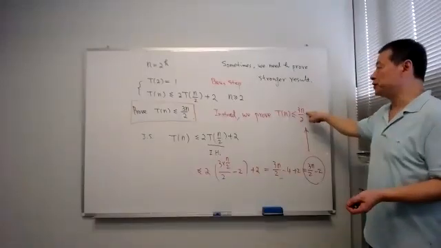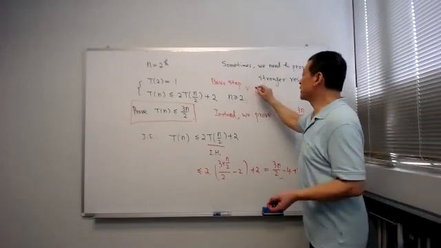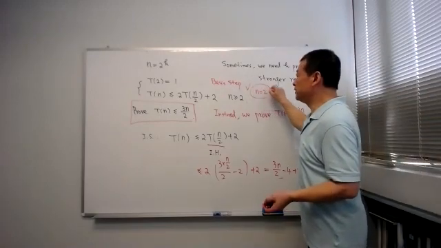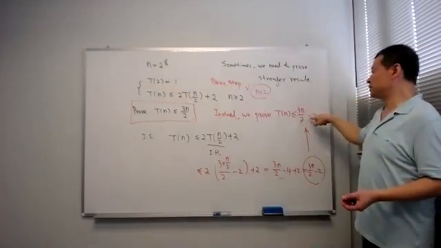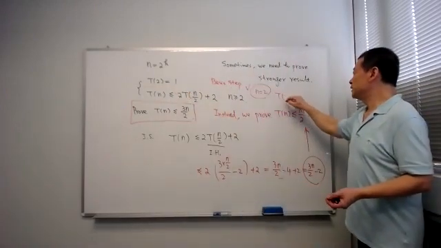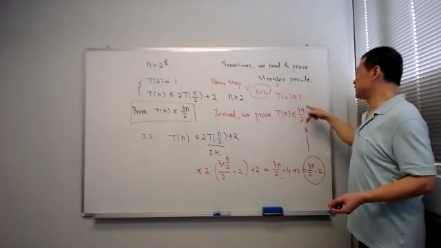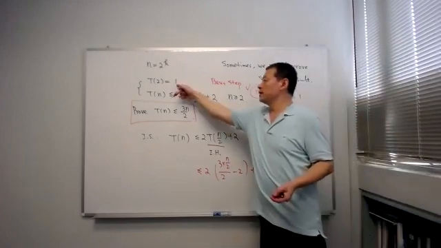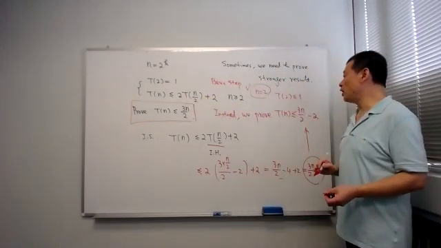So the base step holds because n equals 2 here. T(2) is 1 based on this, and it's 1 here as well. So it indeed holds.